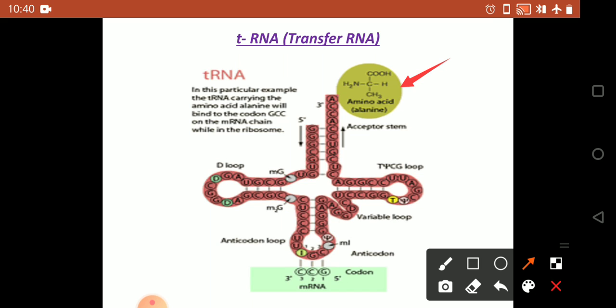Next, coming to the T psi C arm. It has 5 base pairs and 7 unpaired nitrogenous bases, and it helps in binding the tRNA complex to the ribosome at the time of protein synthesis.